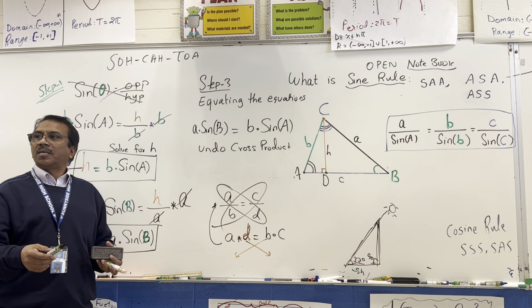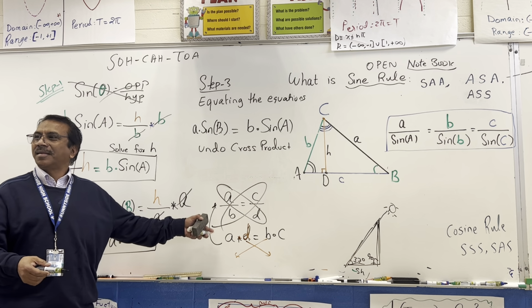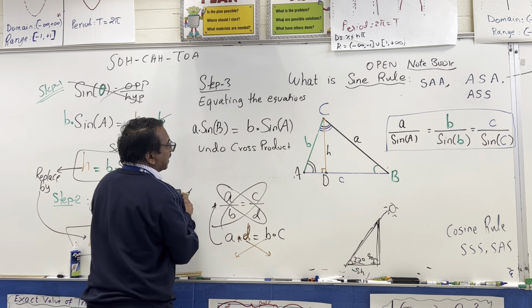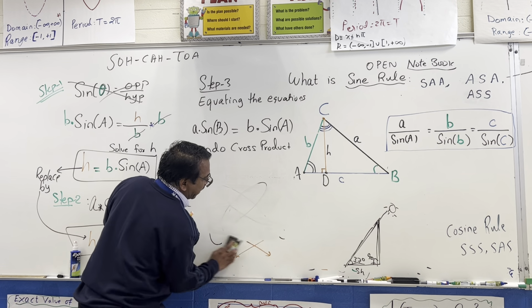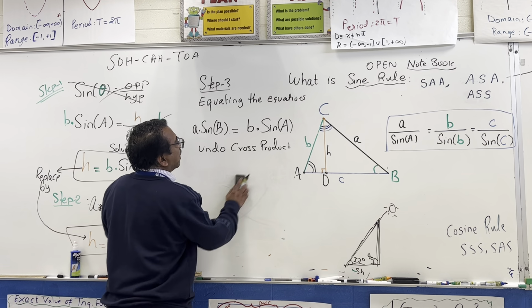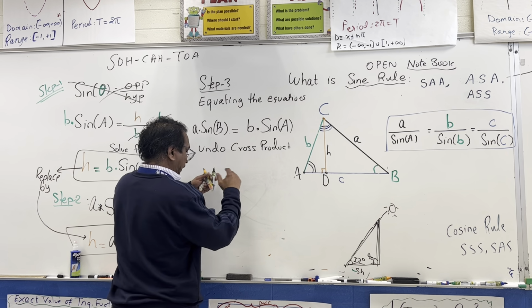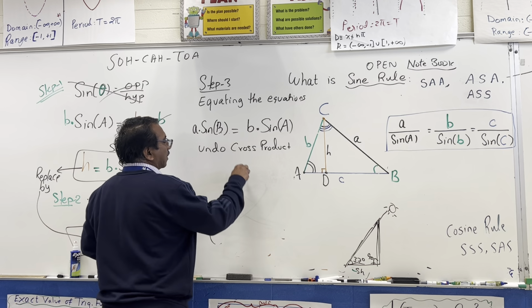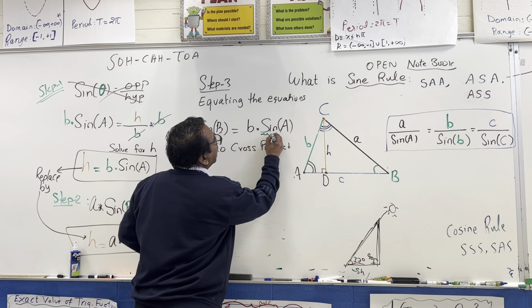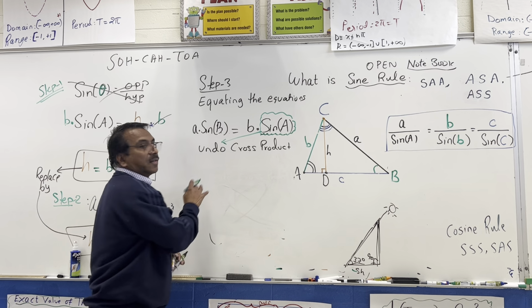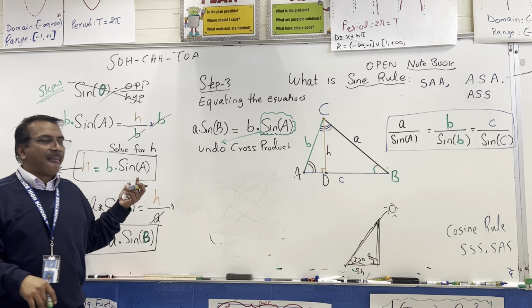You see why teachers don't do all this too much, right? Okay, so the trick is like this. Undo cross product basically means, let me use this part, this is what multiplies, goes down this side, can you see what I'm doing?